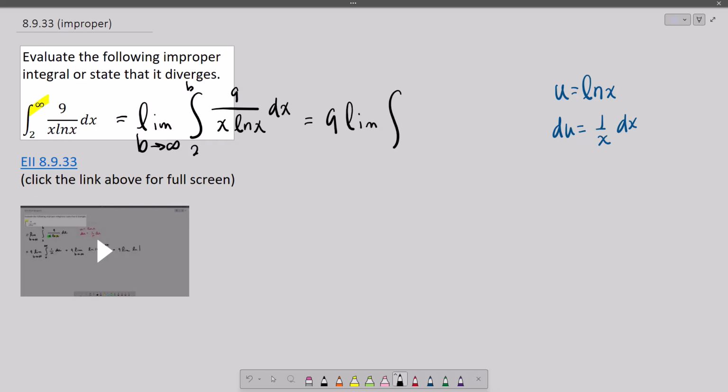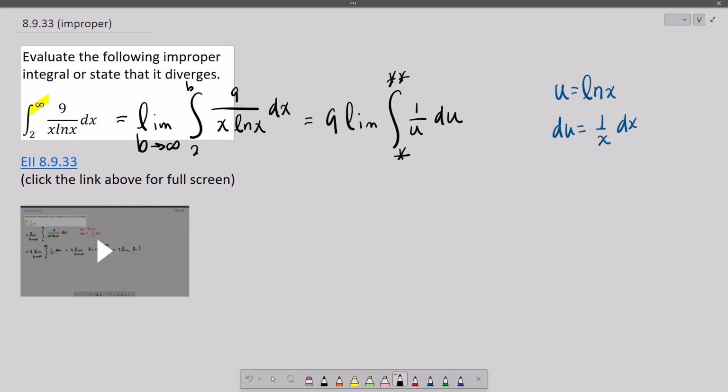So inside the integral, the u is in the denominator, and then dx over x, that's all going to be du. So we're going to have 1 over u du. And we're not going to convert to u limits. We'll just use placeholder limits. So we get that. Does that look good to everyone?